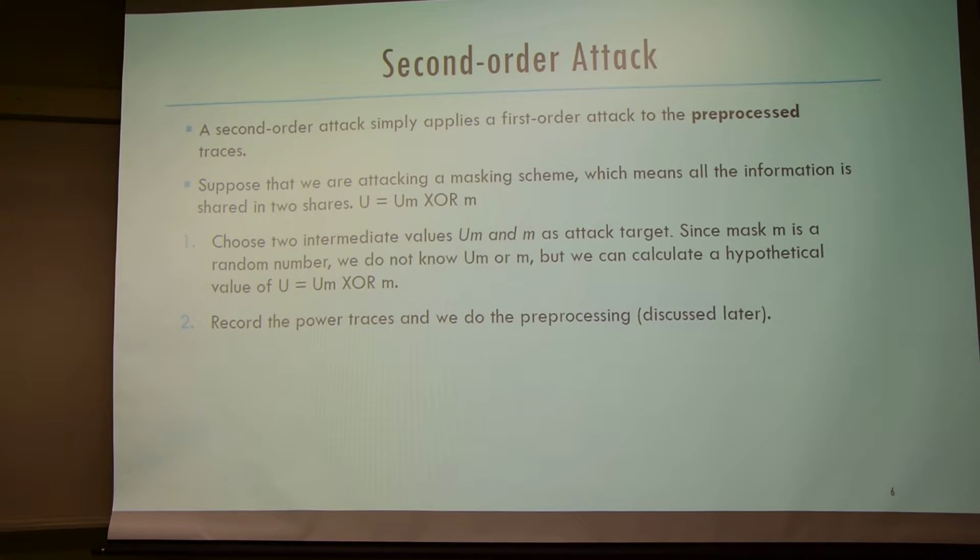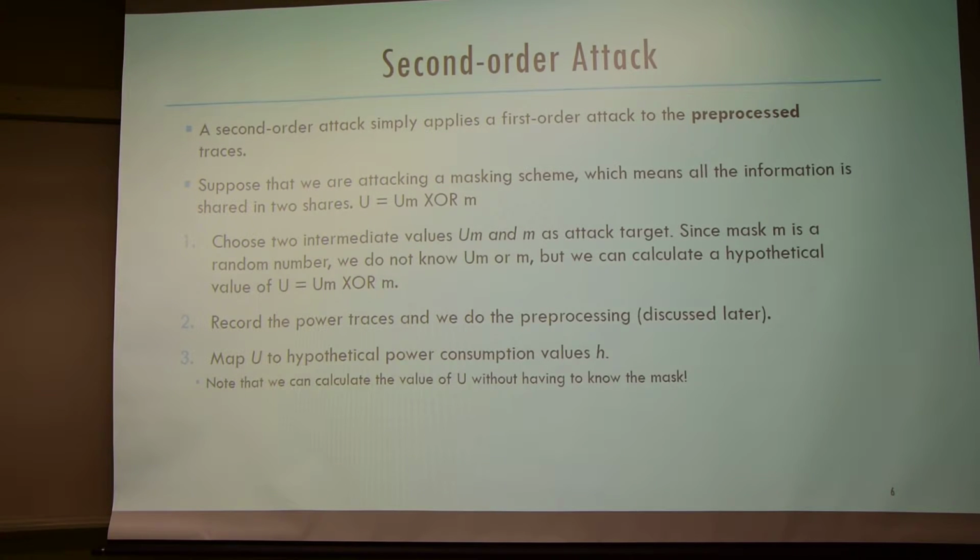So we record the power traces and do the pre-processing to the traces, and we map U to the hypothetical power consumption value H. For example, we can use the power model we talked about on Monday, right? The Hamming weight and the Hamming distance model to get a predicted or hypothetical power consumption value.